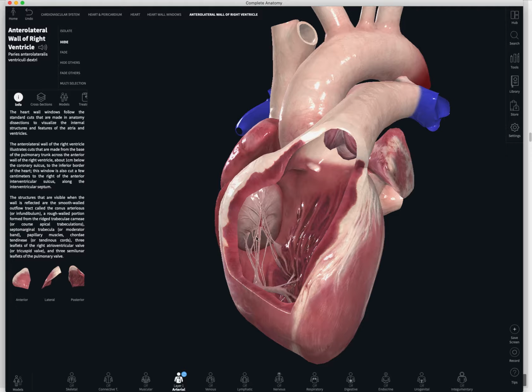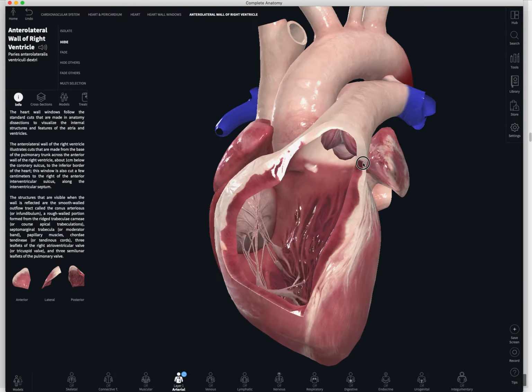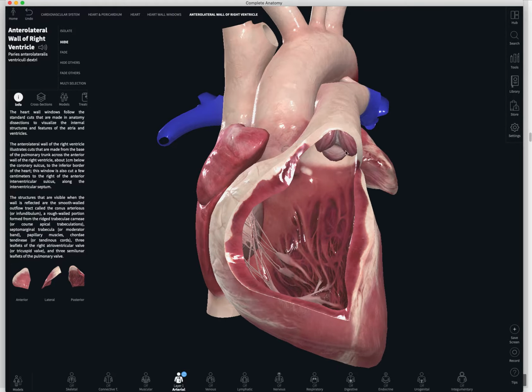This is the right atrioventricular valve. But on the practical, I want you to state this as the tricuspid valve. So this is the tricuspid. It's got three cusps. This is the right semilunar valve. But on the test, I want you to write pulmonary valve.